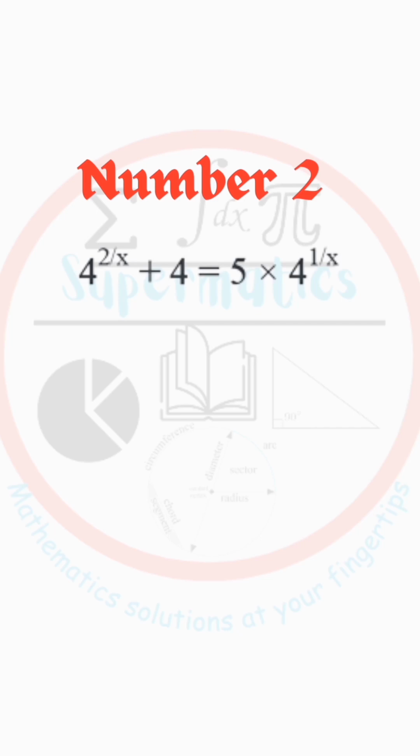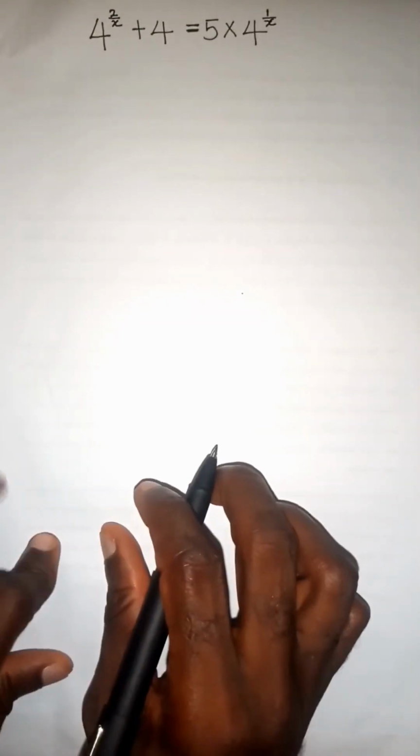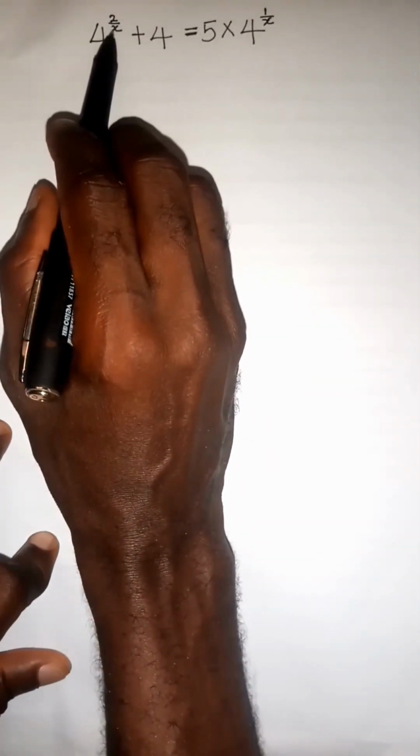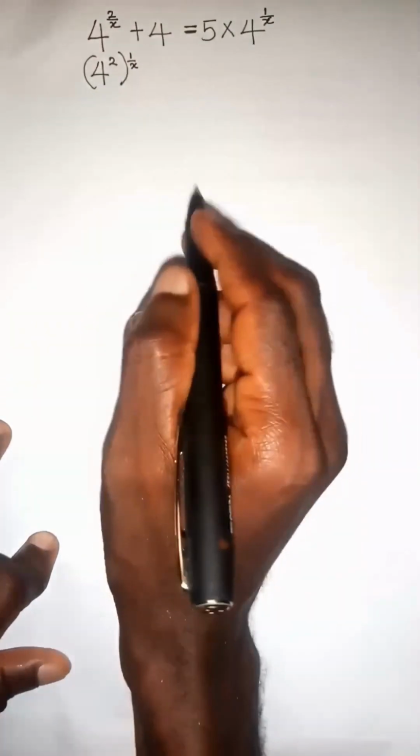The second equation. To solve this exponential equation, we are going to express 4 to the power of 2 over x as 4 to the power of 2, then to the power of 1 over x.